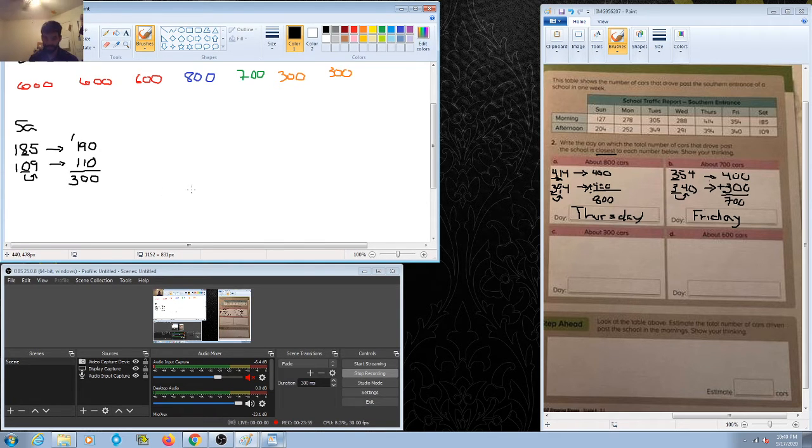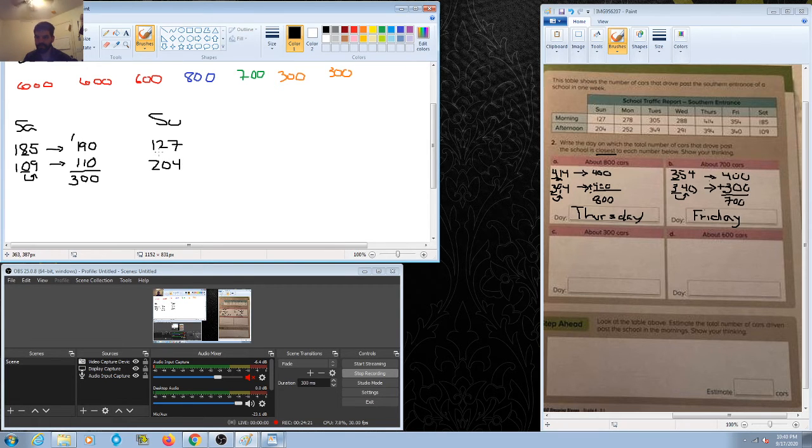That's going to be pretty hard for Sunday to beat because it's the exact estimation that we're looking for in this particular question. But just to get the extra practice, let's look at Sunday and see what our estimation would be. So for Sunday, we have 127 and we have 204.